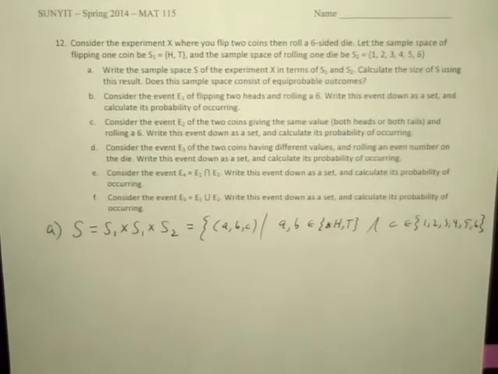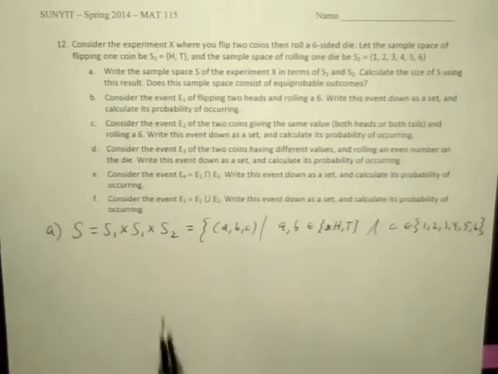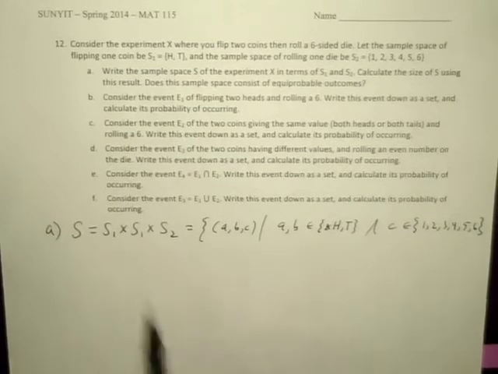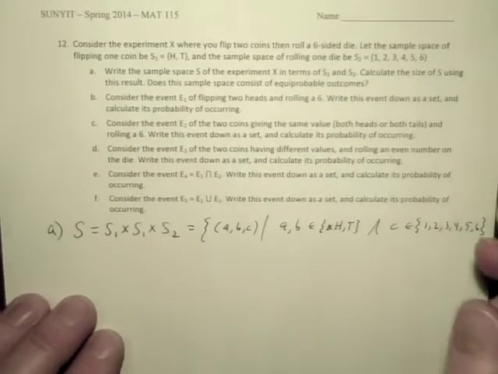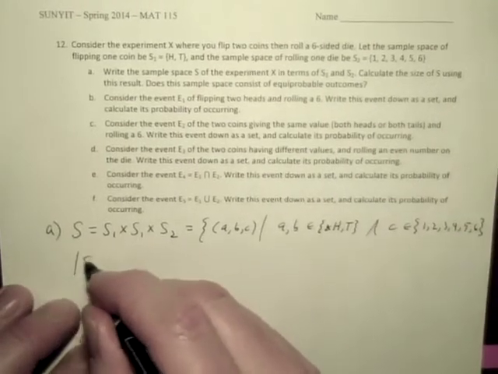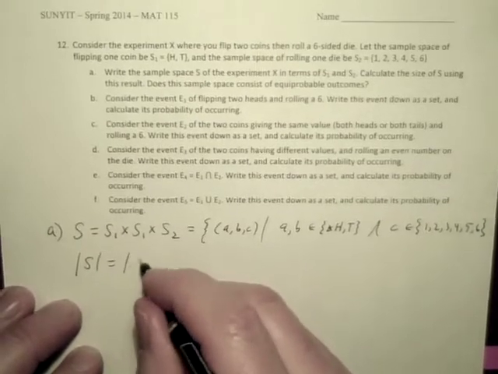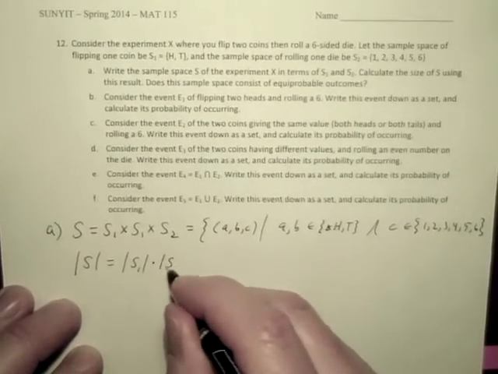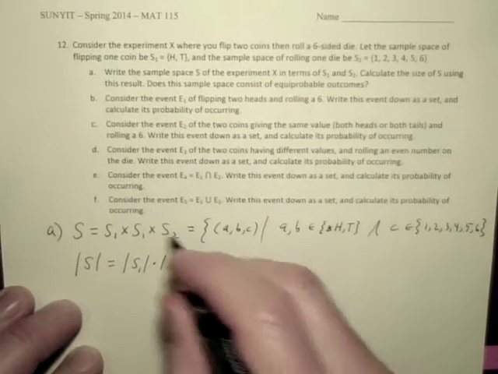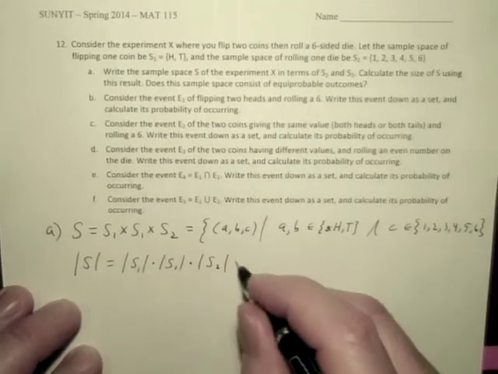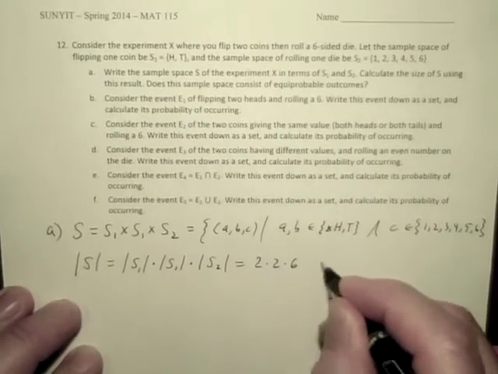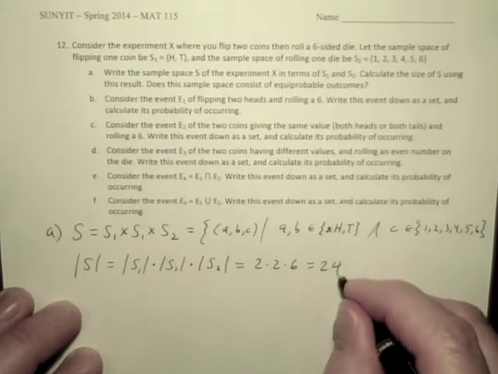Okay? So, again, just driving home the point that the sample space is generally going to be a cross product. And the size of this sample space is the product of the sizes of the sets that go into the cross product. 2 times 2 times 6, which is 24.